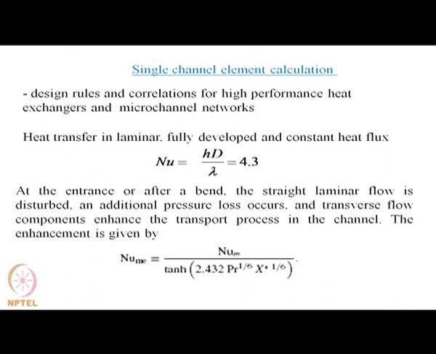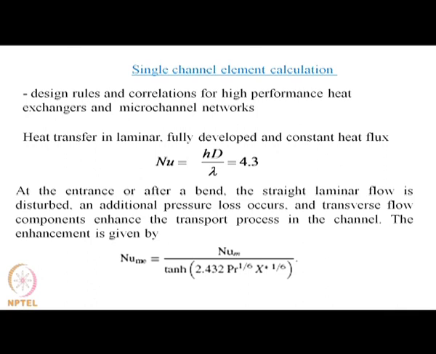What we then have just after a bend or near the entrance is developing flow, and this developing flow with the appearance of additional pressure loss is going to enhance the transport process in the channel, and this enhancement is given as the equation suggests.